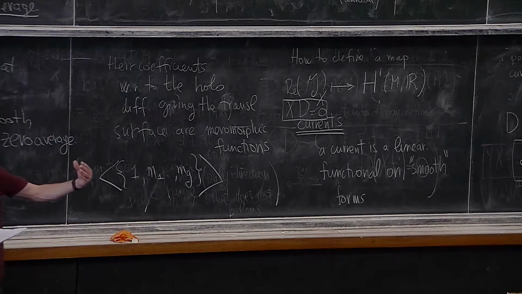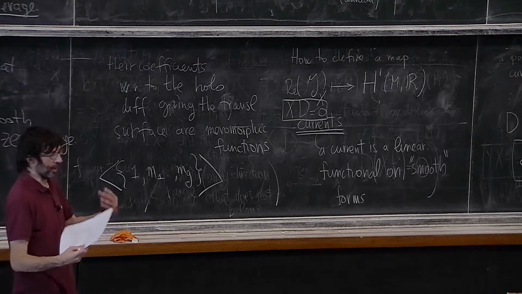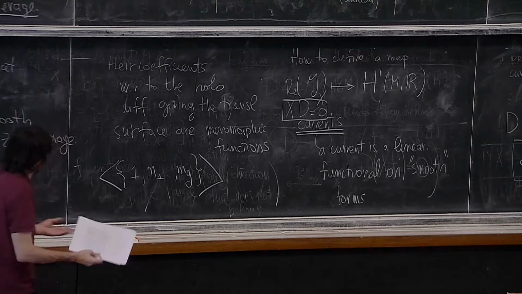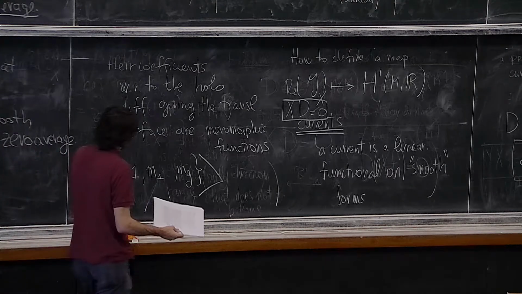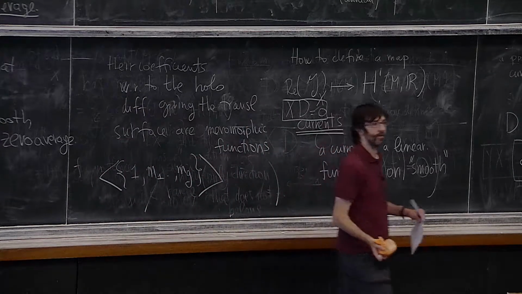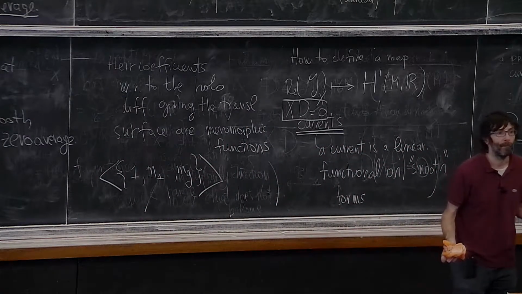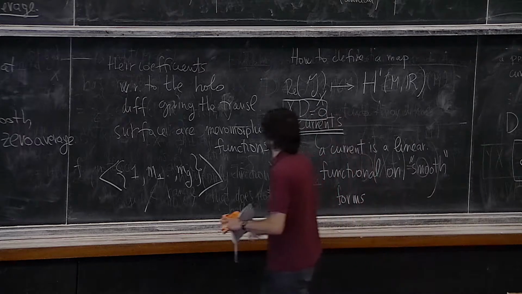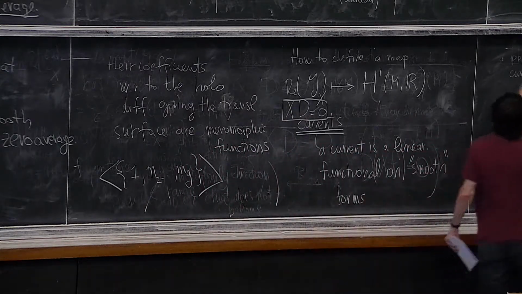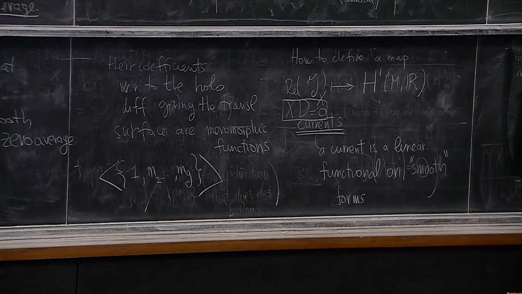I take any holomorphic differential, I divide it by the holomorphic differential that gives me the translation structure, and I get a g-dimensional space of functions which are meromorphic. And then what I can do is solve for these.